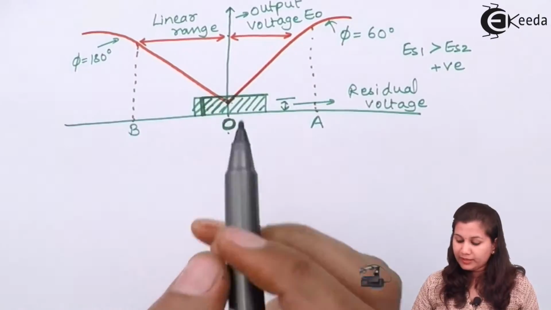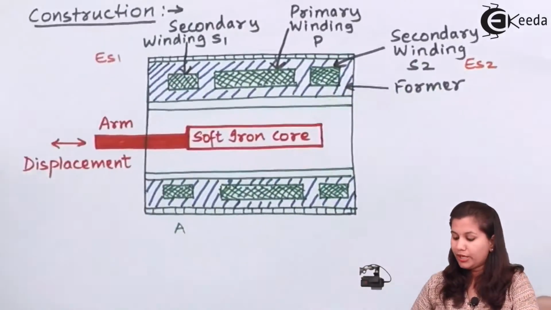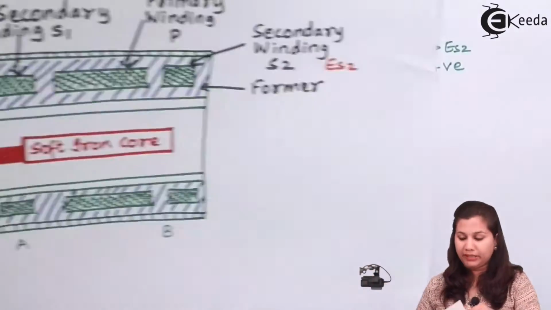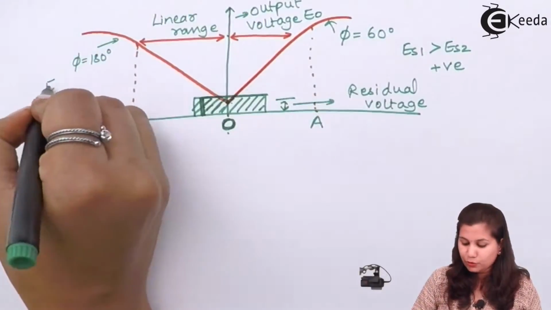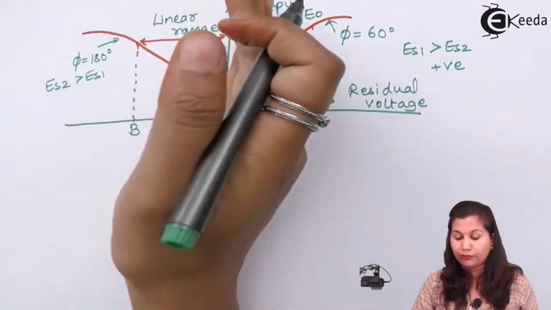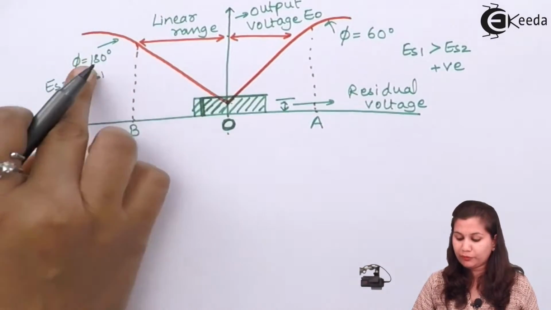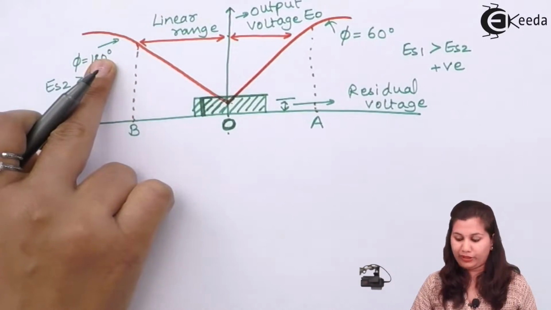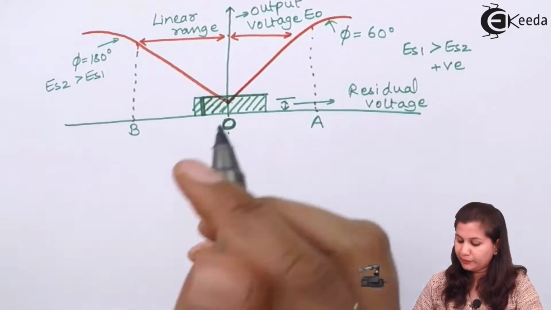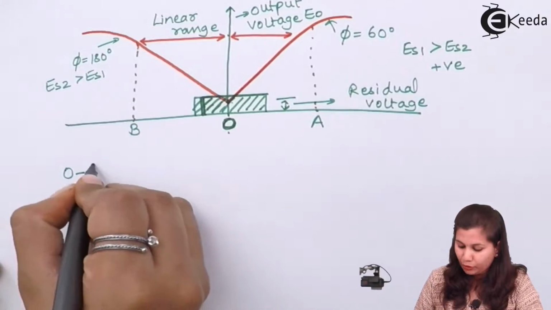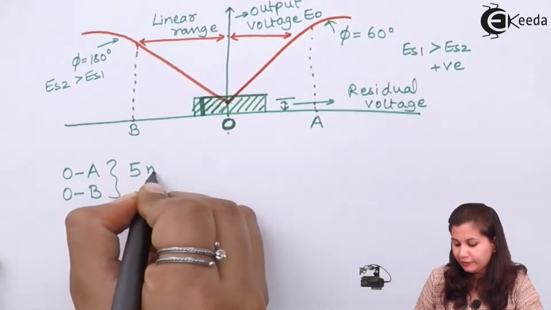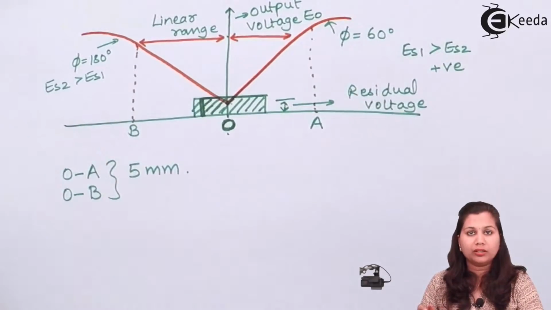And when the soft iron core is moved to the right hand side, suppose to a position B, at that time ES2 will be greater than ES1. We will get a negative value for the output voltage, and the output voltage is 180 degrees out of phase. Now this range, from 0 to A or from 0 to B, is approximately 5 mm from the null position.